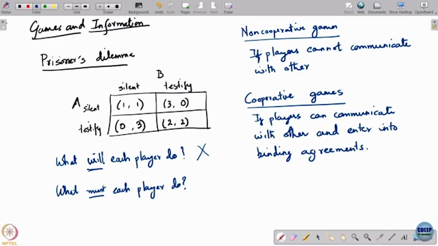These are, remember, two different extremes. They are not negation of each other. Just because you cannot communicate doesn't mean that you can communicate to any extent and also get into binding agreements. So these are two different extremes.